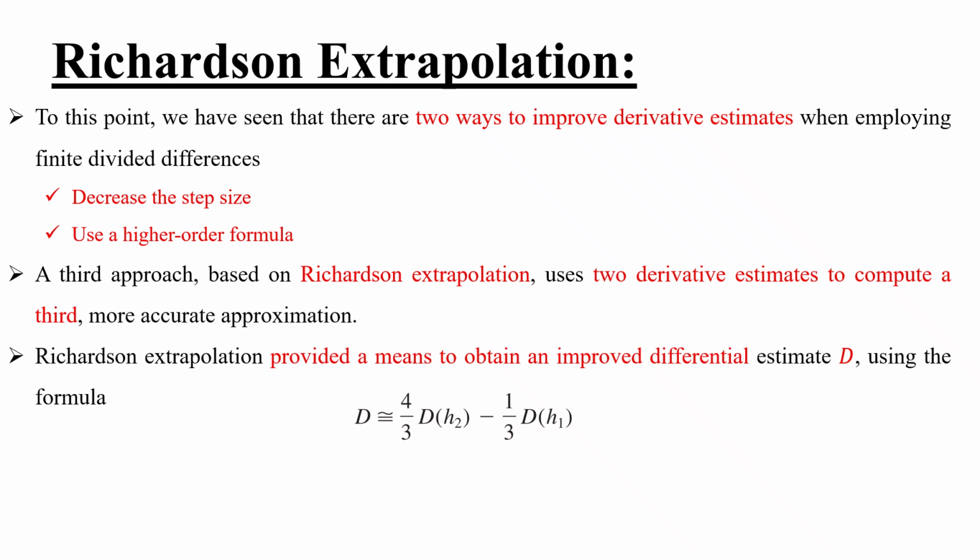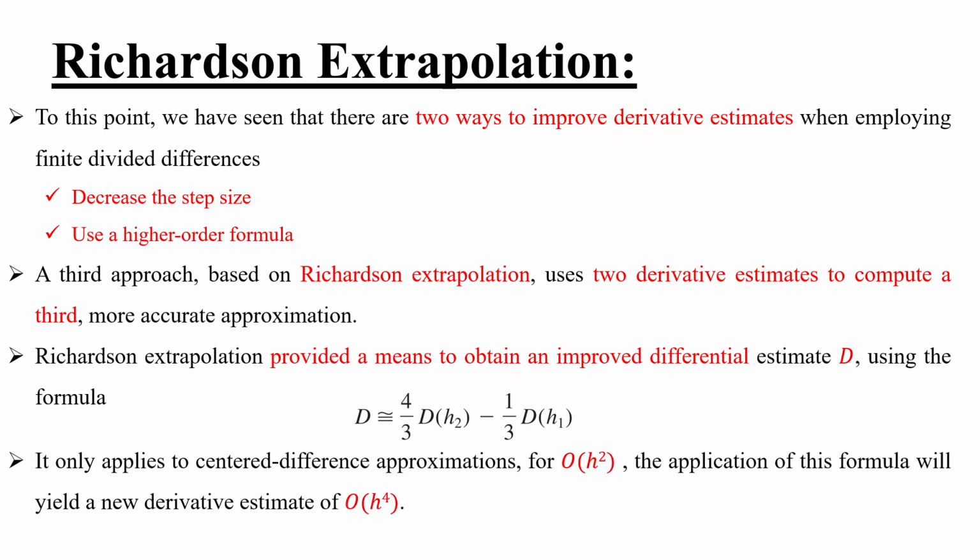So this 4 is coming from there, and then we subtract the original formula from the half-h formula. When we do that, we come up with this formulation, and we use this formula to calculate the derivative. This is known as the Richardson extrapolation formulation, and it gives much better results.